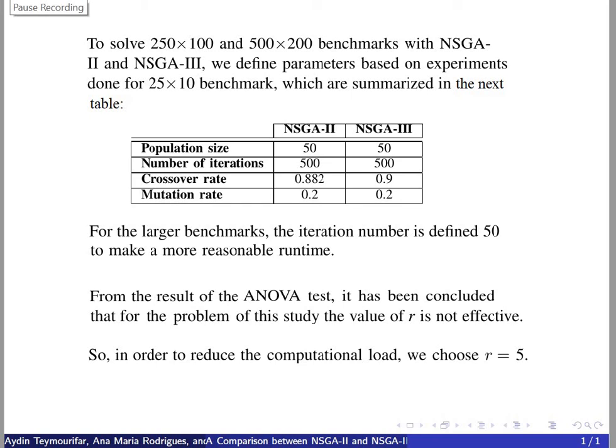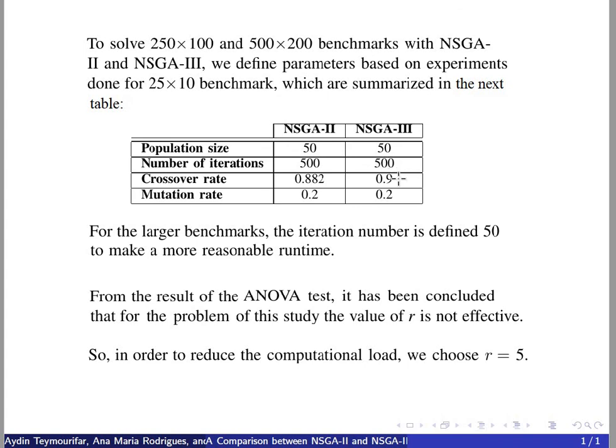Also, from the results of the ANOVA test, it has been concluded that for the problem of this study, the value of R is not effective. R is the number of intervals on each axis in the NSGA-III algorithm. So, in order to reduce the computational load, we choose R equal to 5.